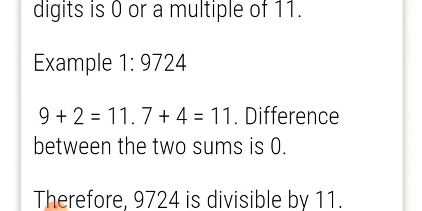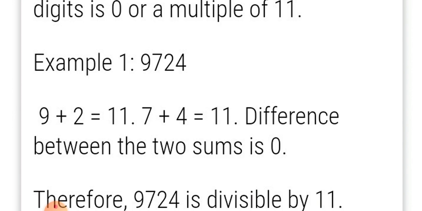Clear, children? So in the given number, you have to take the sum of alternate places. Start from the left side. The first one is 9, we skip the next one, and then take the next one, that is 2. So 9 plus 2, you get the answer 11. Now the numbers which we skipped already, 7 plus 4, we got 11.